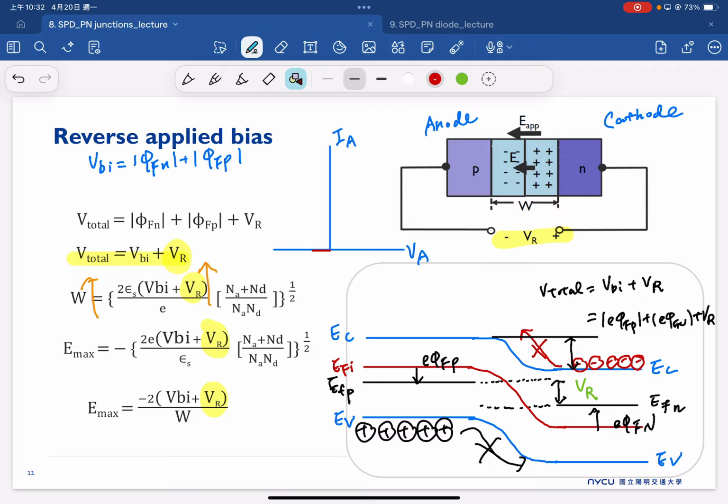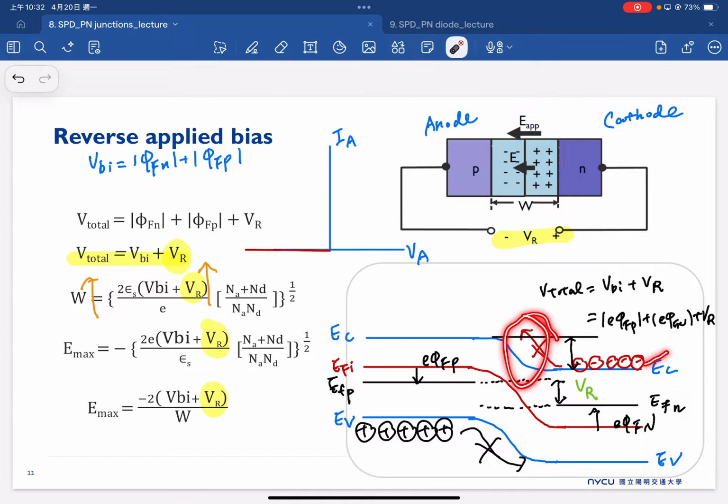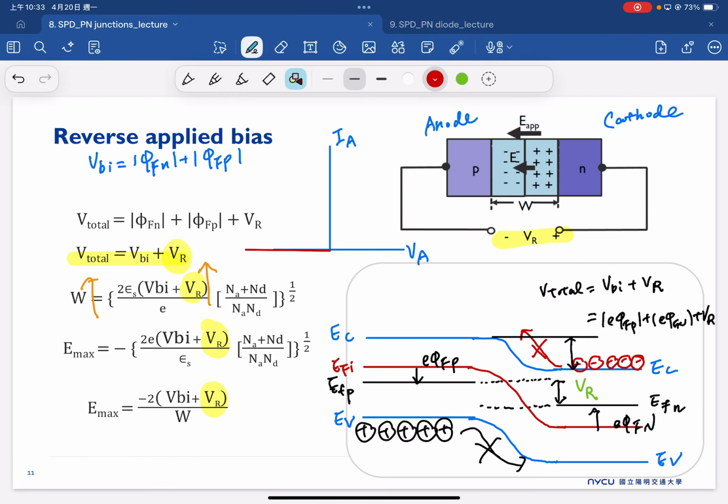So ideally, we should get the current equal to 0 as long as we apply the reverse bias, because the barrier becomes larger, right? The electron is getting more difficult, and your holes are getting more difficult. So ideally, in this region, we should have almost no current. This current we normally call the reverse current.